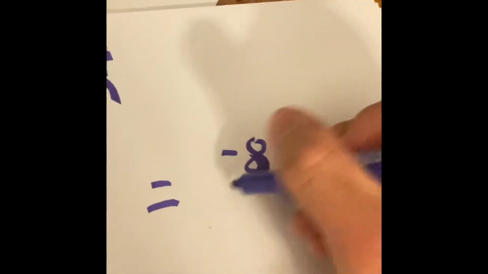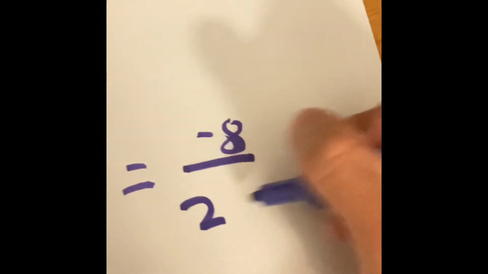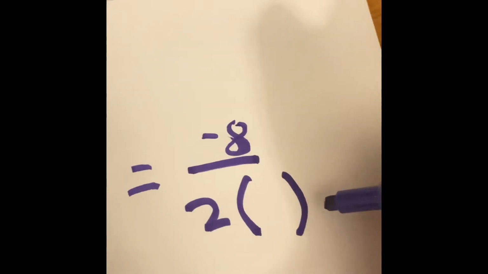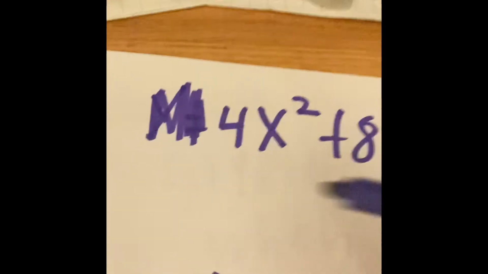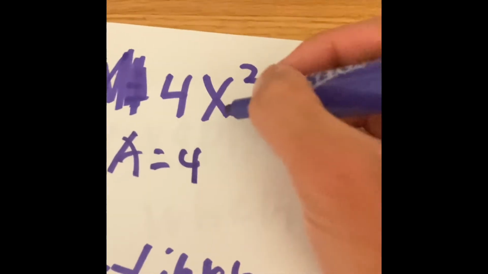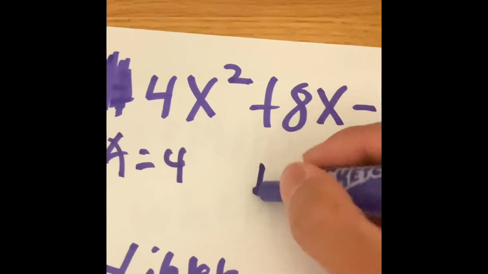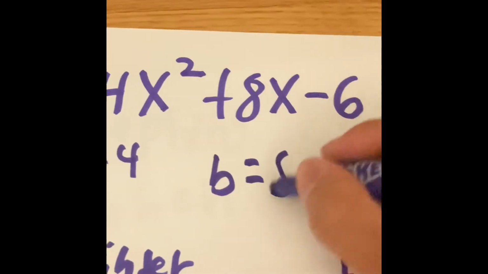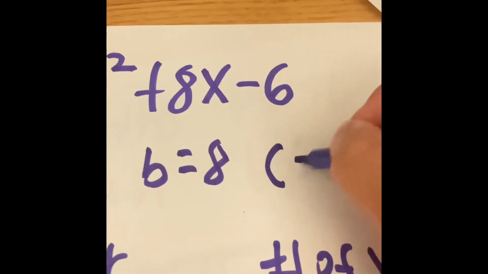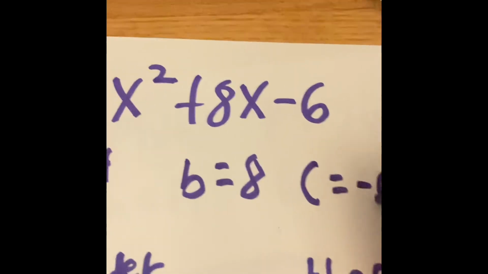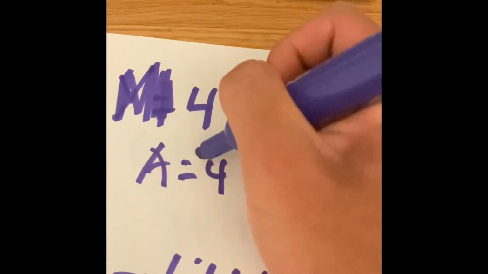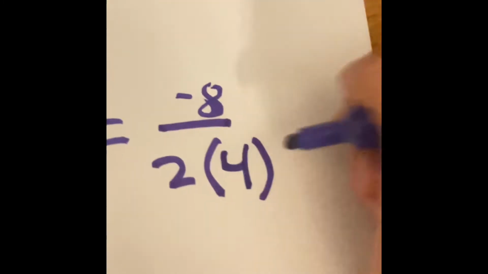So negative 8, divided by 2 times our a value, which is 4. Our a value equals 4, the coefficient in front of x squared, our b is 8, and our c is negative 6. So, if a equals 4, we put it into the formula right here.